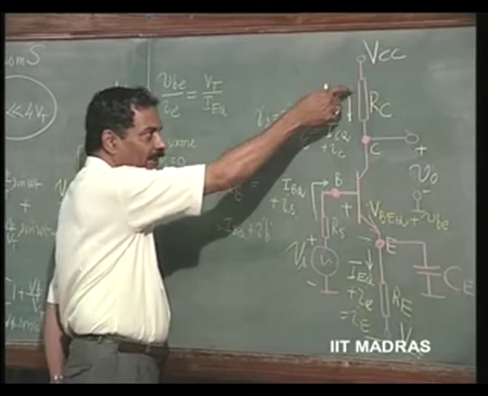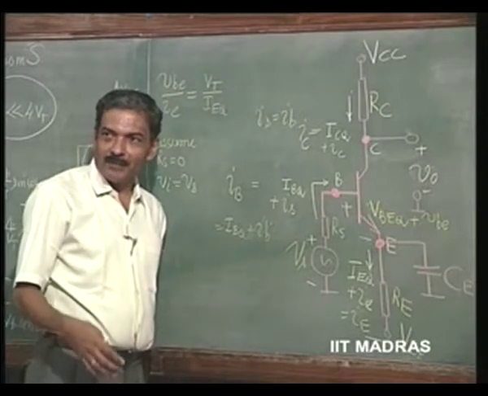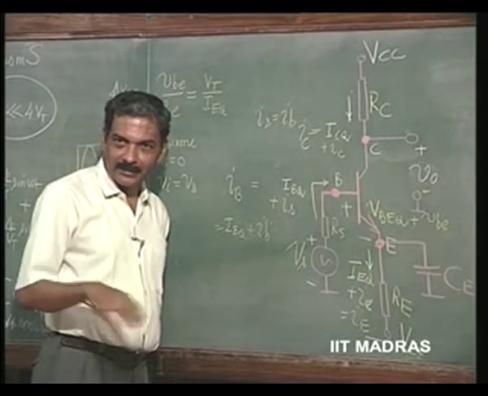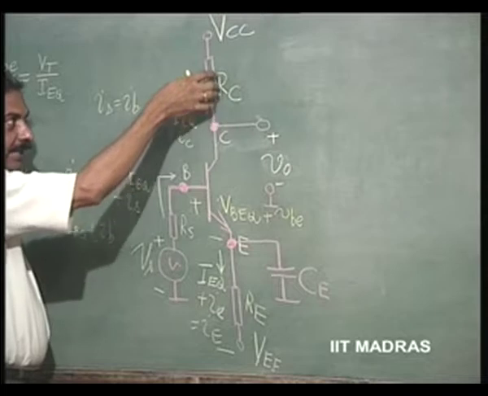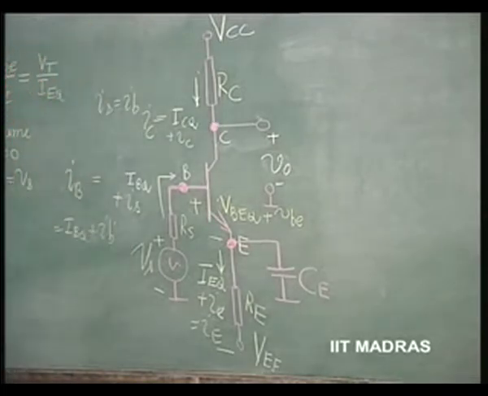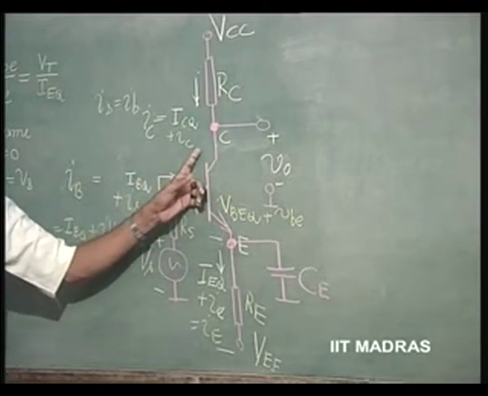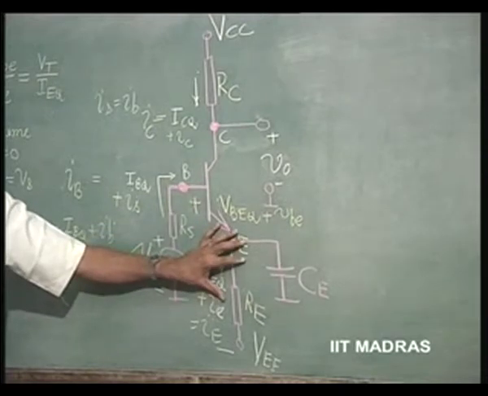That means the instantaneous value of this current can be increasing above ICQ, or decreasing. When it keeps decreasing, it can go only to 0, where ICQ minus ICQ becomes 0. After which you cannot have further change in current because the transistor is off.